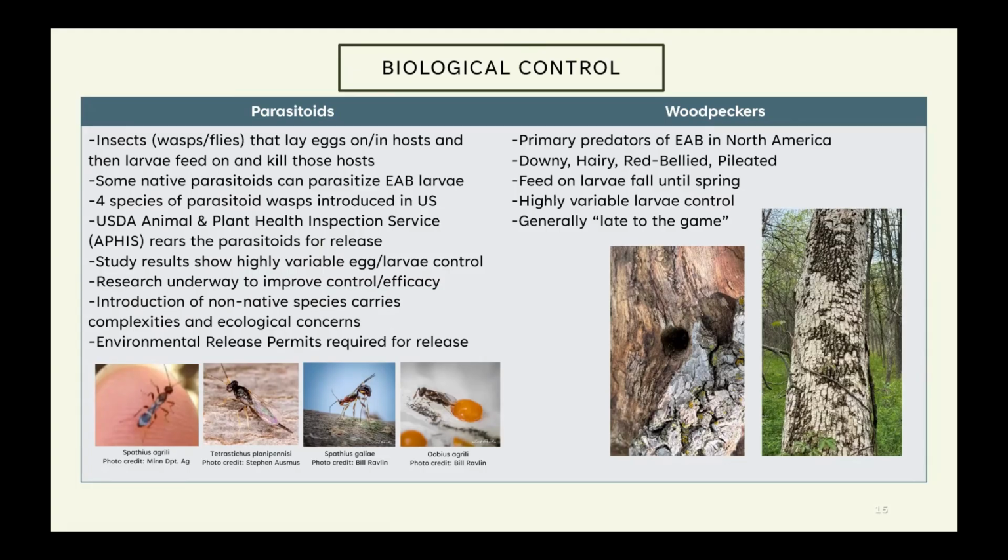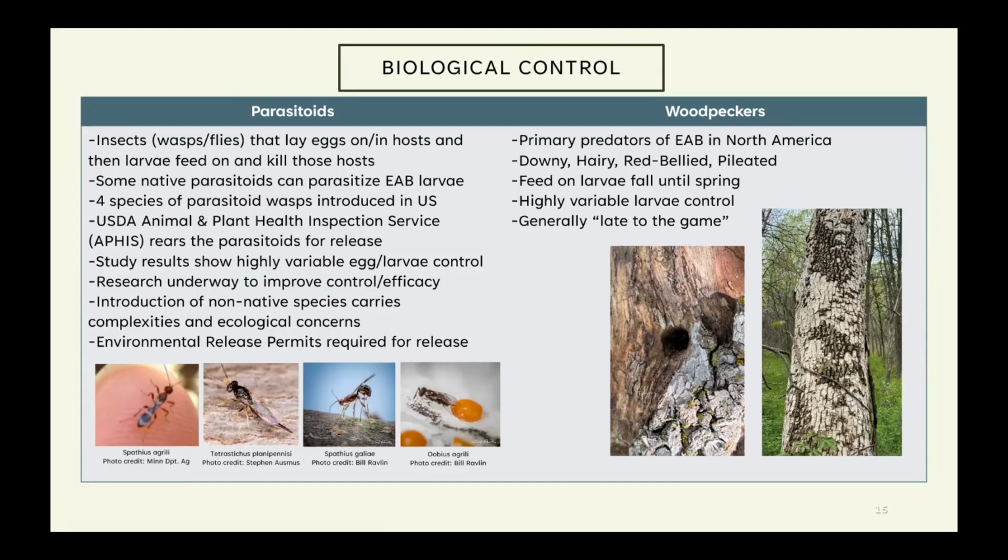And they are reared for release. Studies and research have shown highly variable egg and larvae control, ranging from effective to essentially ineffective. Research is still underway to improve the control and efficacy.